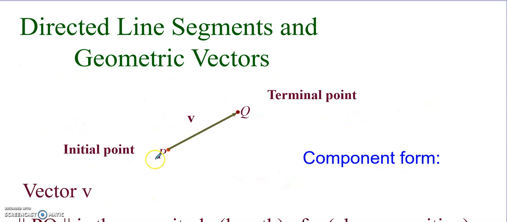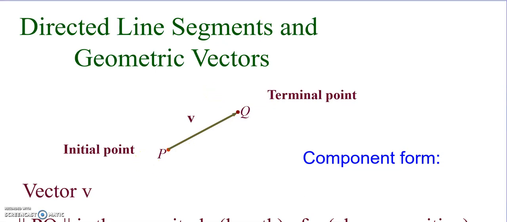So the first thing we want to talk about is some terminology. So here's a vector. I'm going to call this vector v, and it has what we call an initial point of p and a terminal point of q. So think of it as q is the arrow end, p is the non-arrow end. So that is giving it direction. So this is a point.